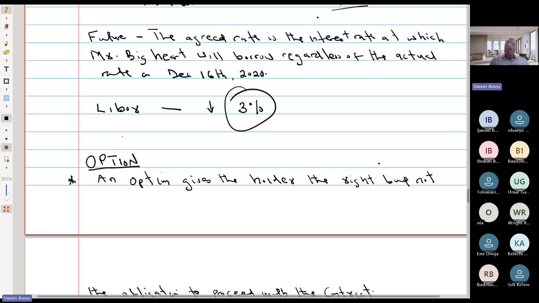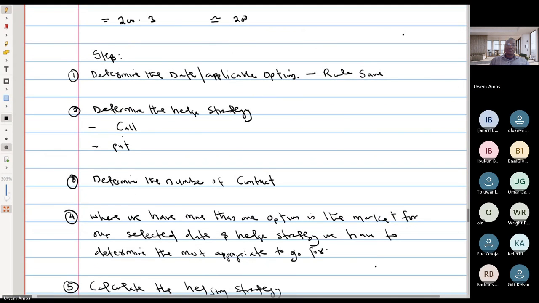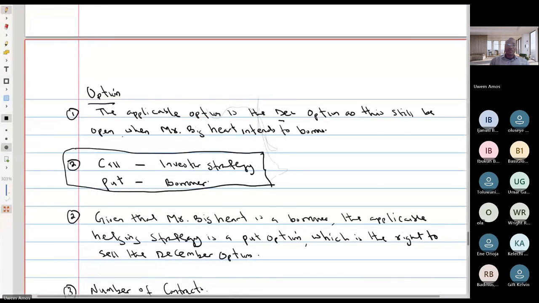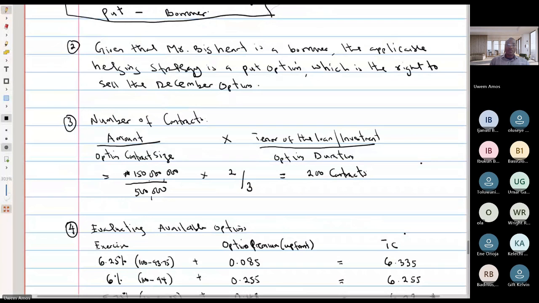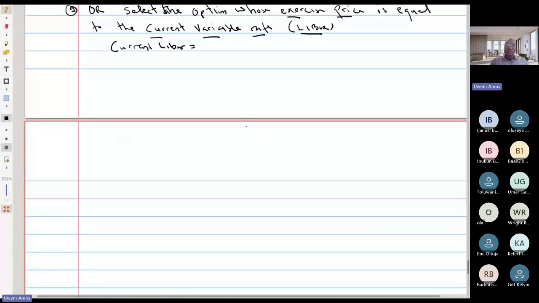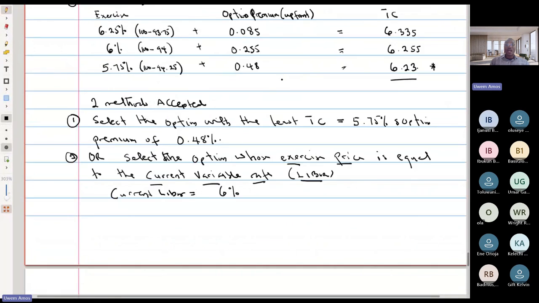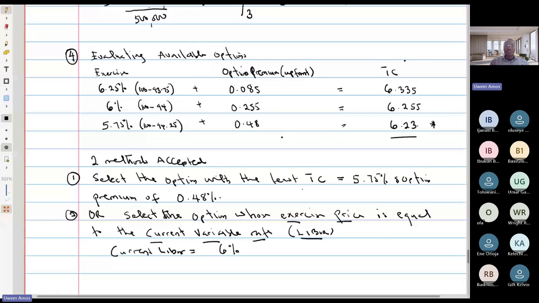So current LIBOR is 6%. Do we have any option in the market that gives us an exercise price of 6% on the dot? Yes, we do. We have this.